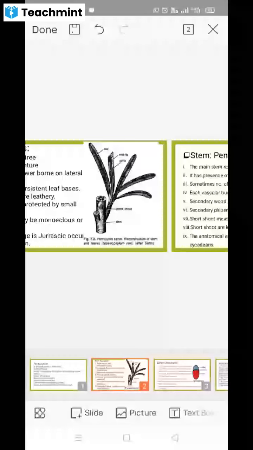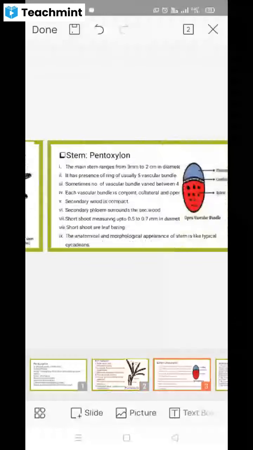The stem ranges from 3 millimeter to 2 centimeters in diameter. Then in this stem there is the presence of 5 vascular bundles. There are rings of 5 vascular bundles.